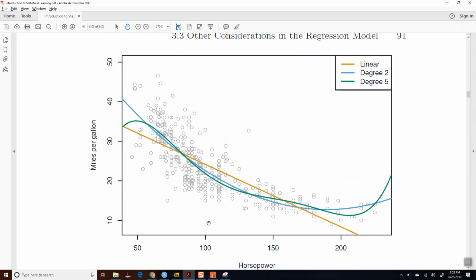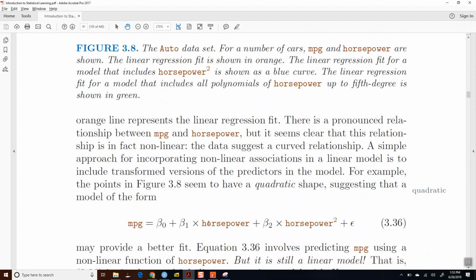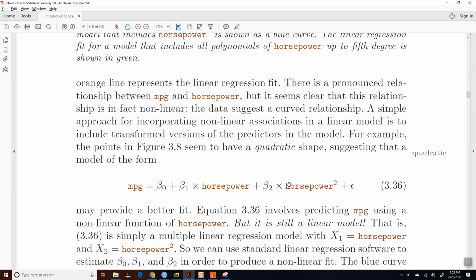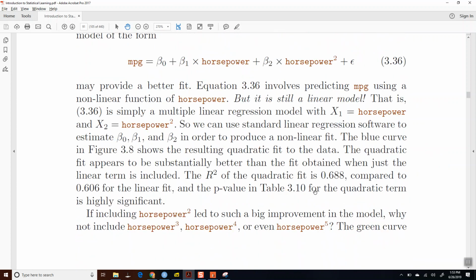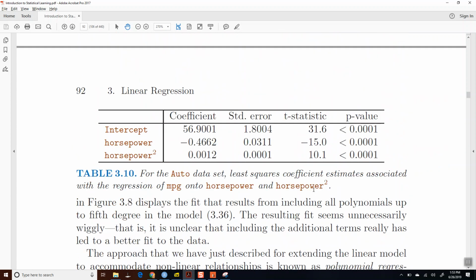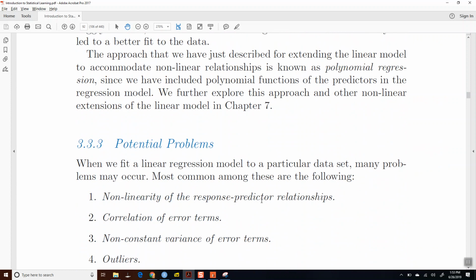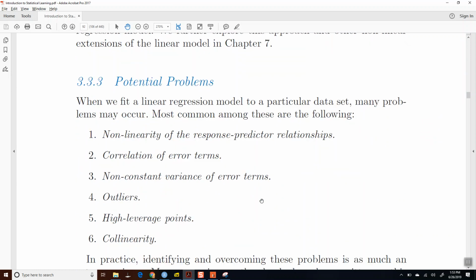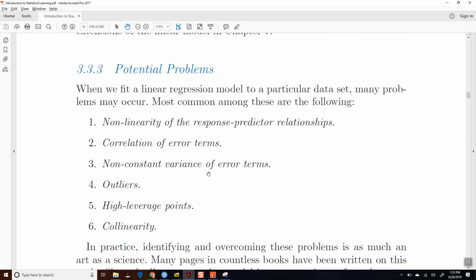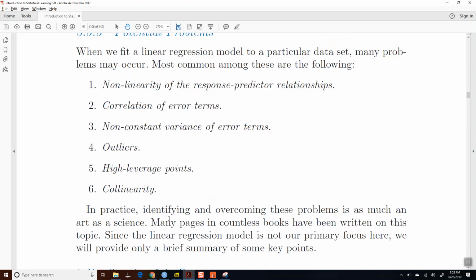Nonlinear relationships, we'll take a look at some more in the future, but you can easily take one of the variables and square it, or make them polynomials and things like that, and create models based on that. Then this points out a bunch of problems, which I think should have been emphasized very strongly in your 101A class: nonlinearity, and correlation of the error terms.